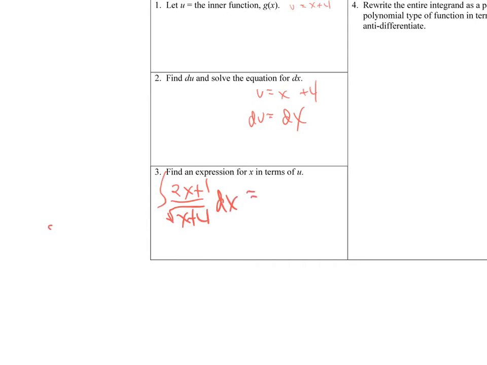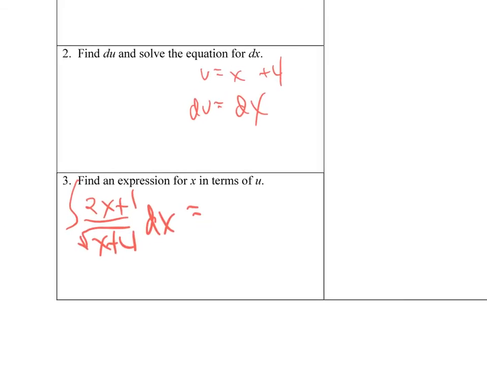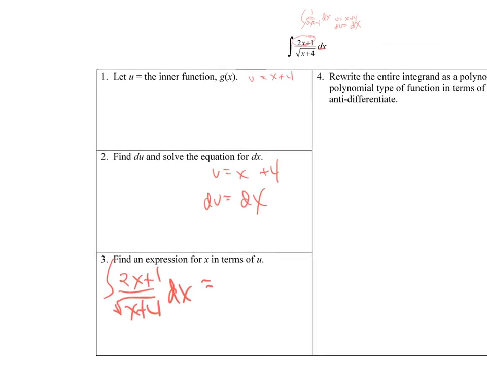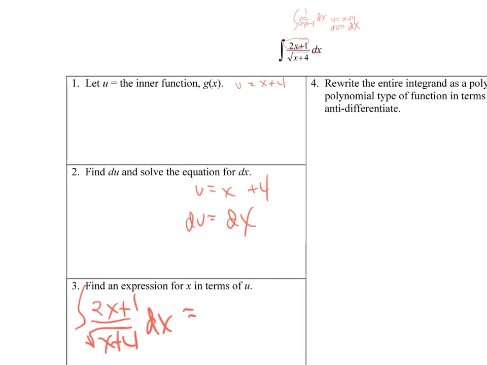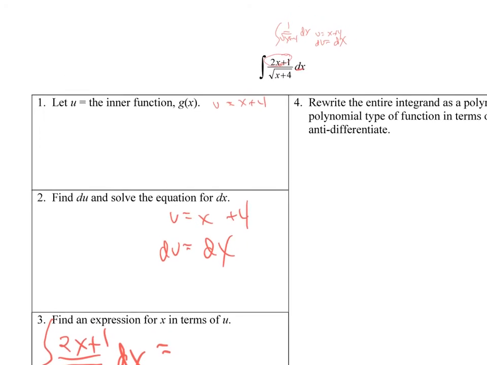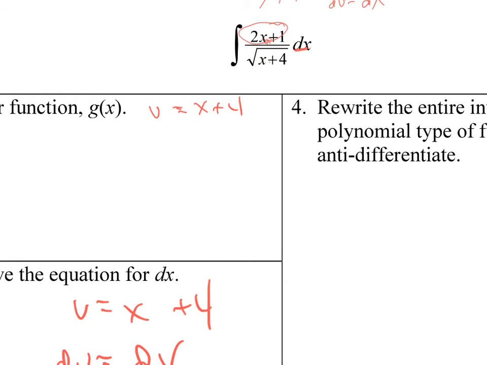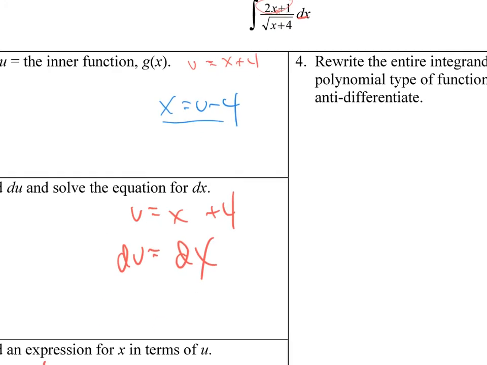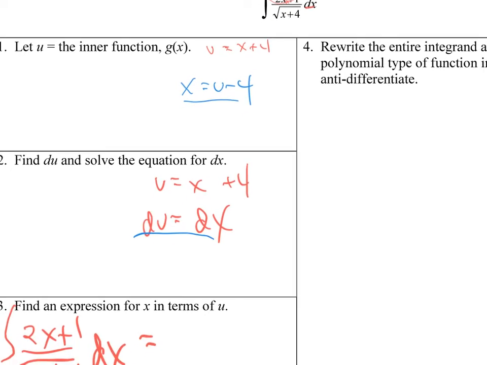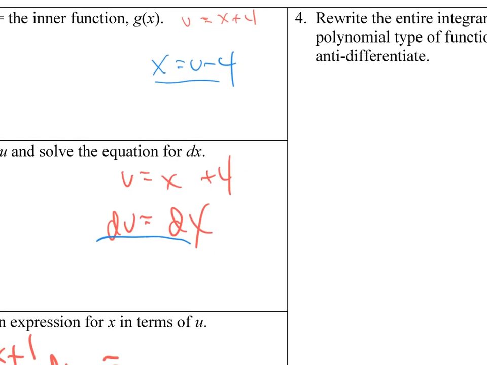Equals, my x. Did I ever solve for x? I never solved for x. I didn't solve for x up here like he made us do in the past. X will be equal to u minus 4. That's very important. You need to have that. So we got two equations. We got our x solved for and we got our dx solved for. So x is u minus 4.